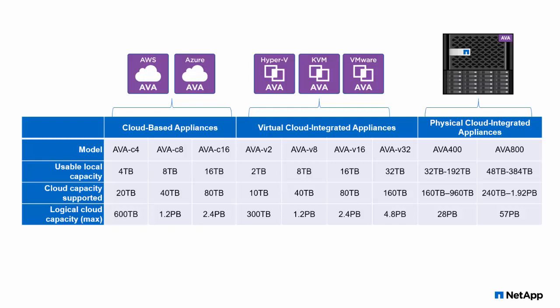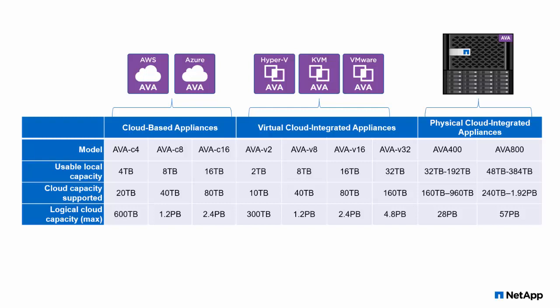AltaVault also comes in 4 virtual models, which can be deployed on VMware, as we'll demonstrate in this video, Microsoft Hyper-V, and Linux KVM. Virtual AltaVault appliance size ranges from 2 terabyte AVA v2 to the 32 terabyte AVA v32, where the terabyte designation represents the maximum cache capacity of each virtual model.